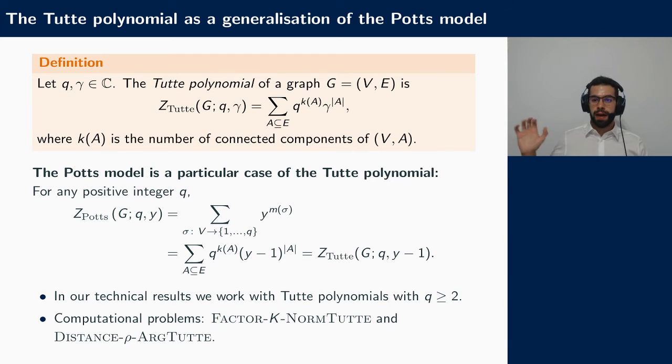Times gamma to the size of A. I should say here that q and gamma are complex numbers, but when q is a positive integer, actually the partition function of the Potts model is really this polynomial with the change of variables gamma equals y minus 1, okay? So the Tutte polynomial generalizes the Potts model. Actually, for us, it's more convenient to work with Tutte polynomials. So that's what we do in most of our results under the assumption that q is at least 2, that obviously includes the Potts model.